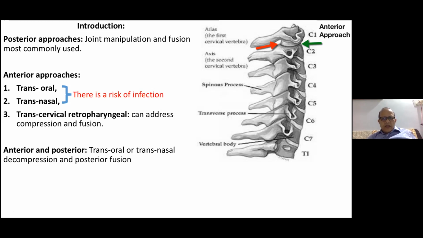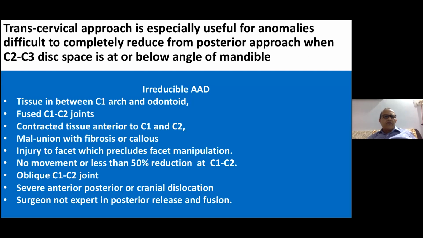But in the anterior approach, you can address the dislocation by manipulating the facet joint, and if, because of some pathology, it is not being reduced satisfactorily, then in the same sitting, from the same approach, you can go for decompression. You can take out the odontoid process and part of the C2 vertebral body, and the fusion also can be done by the same approach. So it has an additional advantage, but you need to select patients carefully.